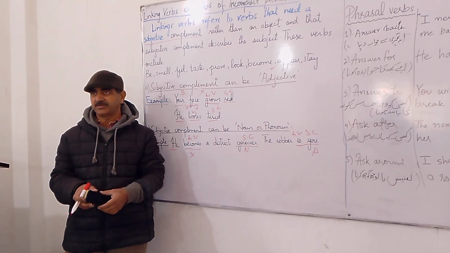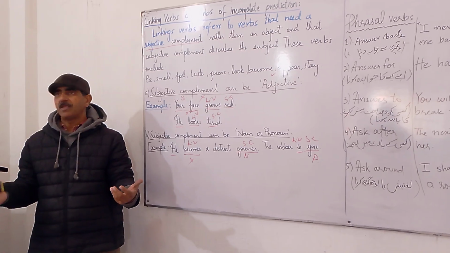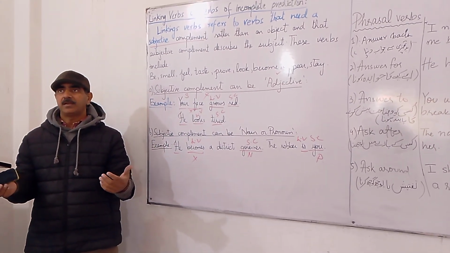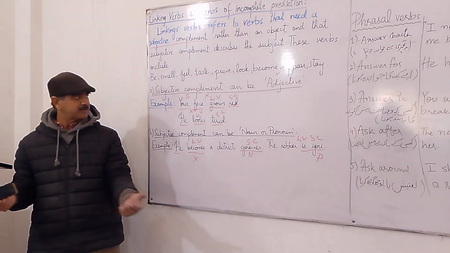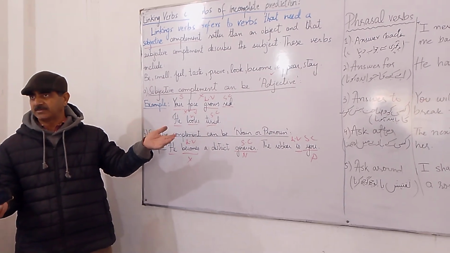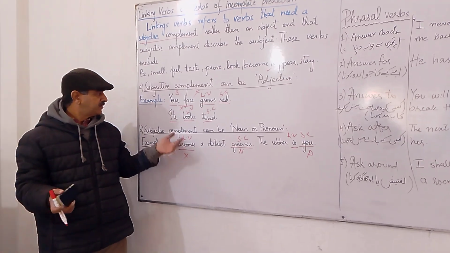Definitely you will ask me a question, sir, how does she look, or how does he look? Unless we write tired, or we write happy, or we write something else. Clear? He looks tired.